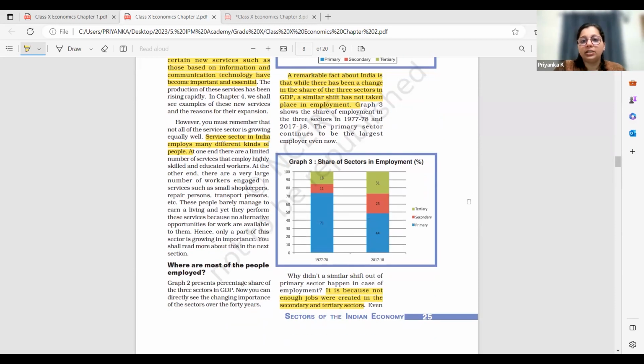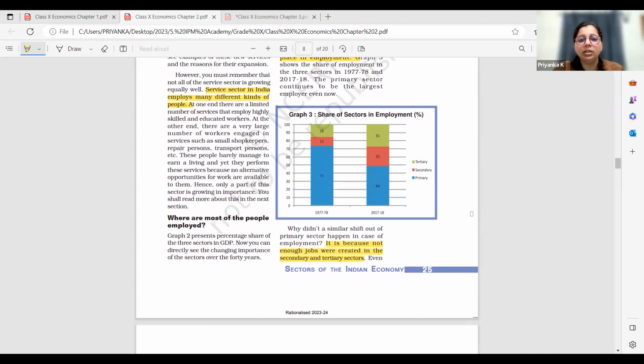So, share of sectors in employment, graph 3. In the 1977-78 period, 71% of employment was in the primary sector. But now in 2017-18, only 44% of people are employed in the primary sector. Now, look at the tertiary sector.